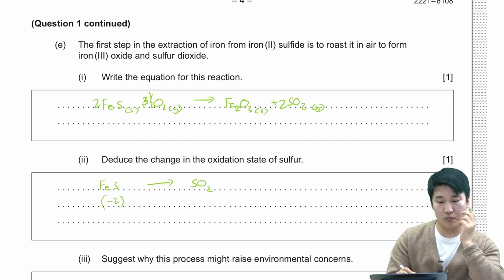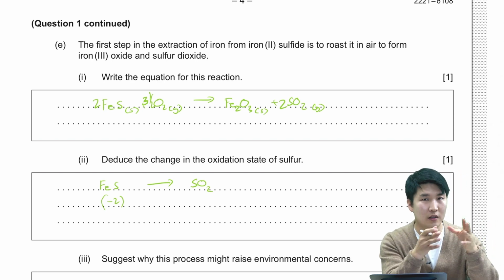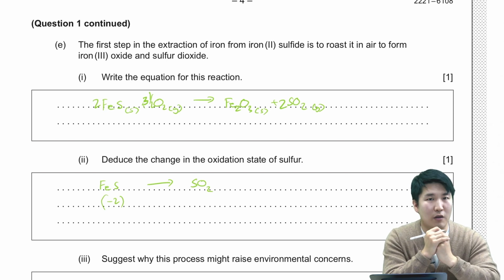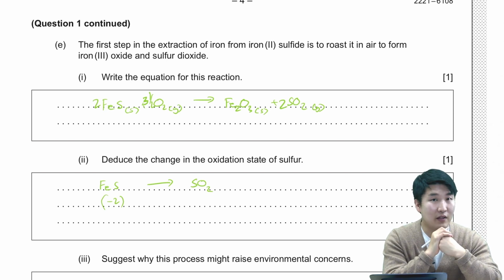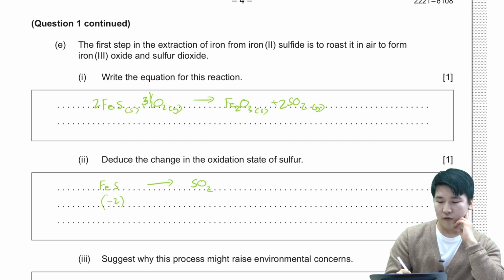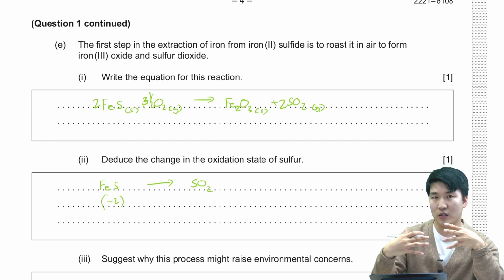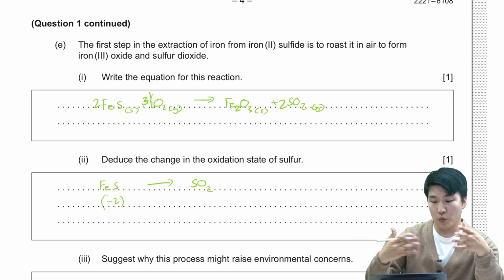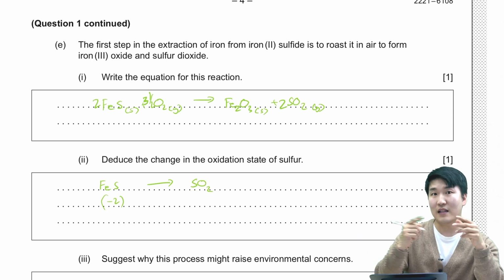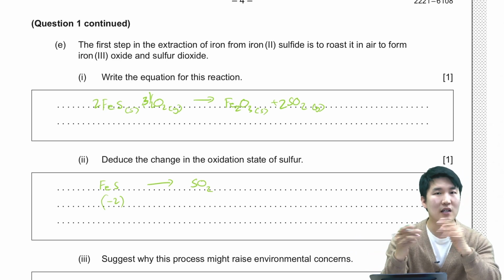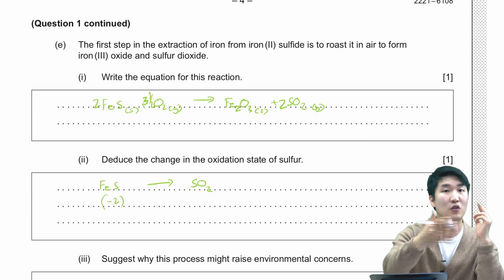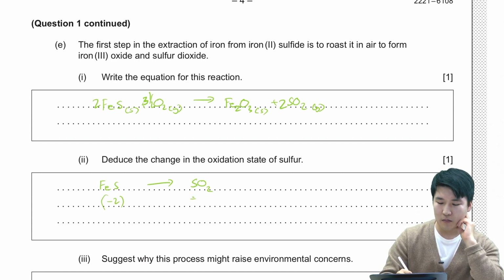This is a simple covalent molecule compared to the ionic compound of the reactant FeS. Sulfur has bonded with another non-metal, oxygen, to form a simple covalent molecule, in which sulfur is less electronegative than oxygen, and therefore will have a positive oxidation state. In this case, +4.